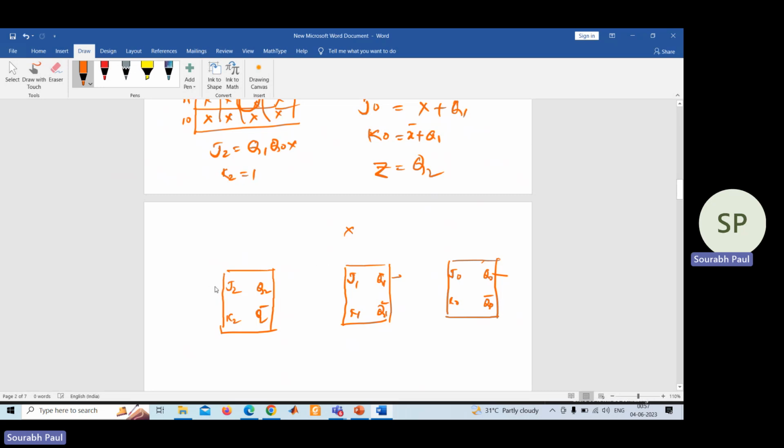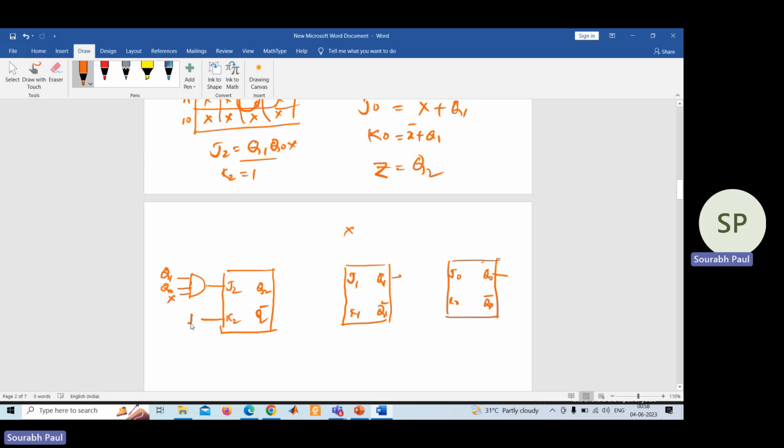So what I am doing separately, I am writing the values so that the circuit will look clear, so that anyone can understand. So in this AND gate, what should be the input? Q1, Q0, and X. That is J2. I am giving the output of this AND gate as the input of J2.